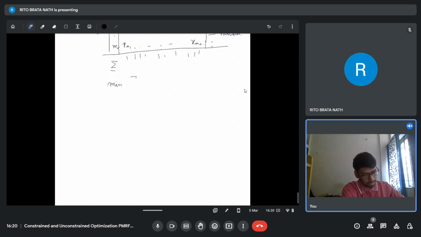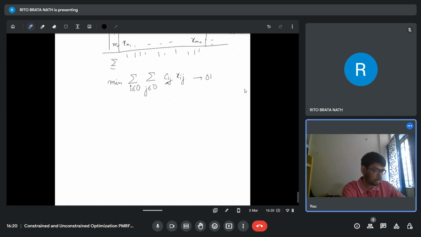The objective here is summation, i belongs to the origin, j belongs to the destination, and these transfers have certain costs. So those are Cij times Xij, right? So this is your objective function.